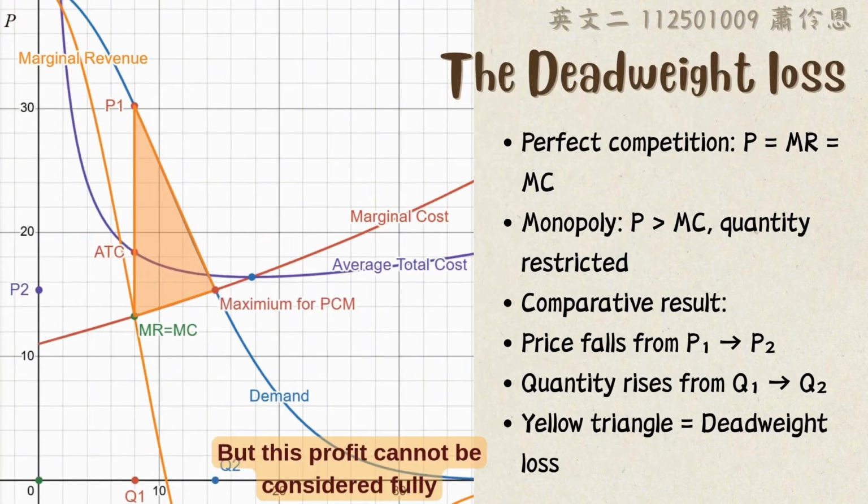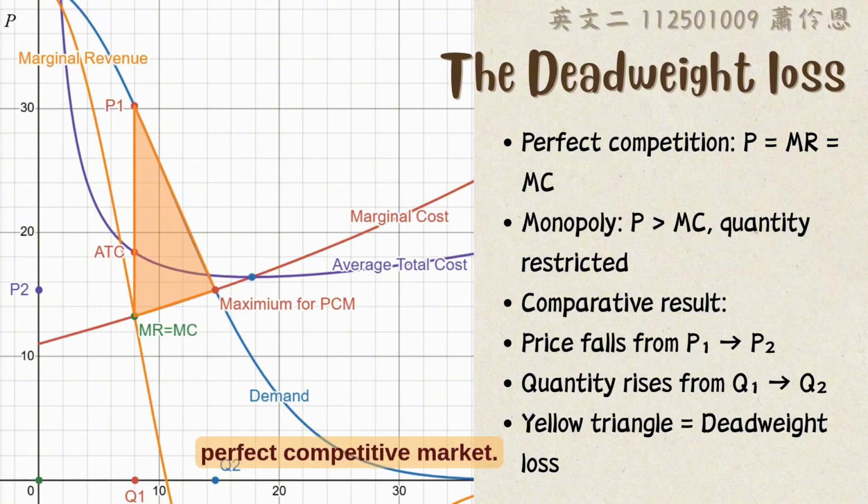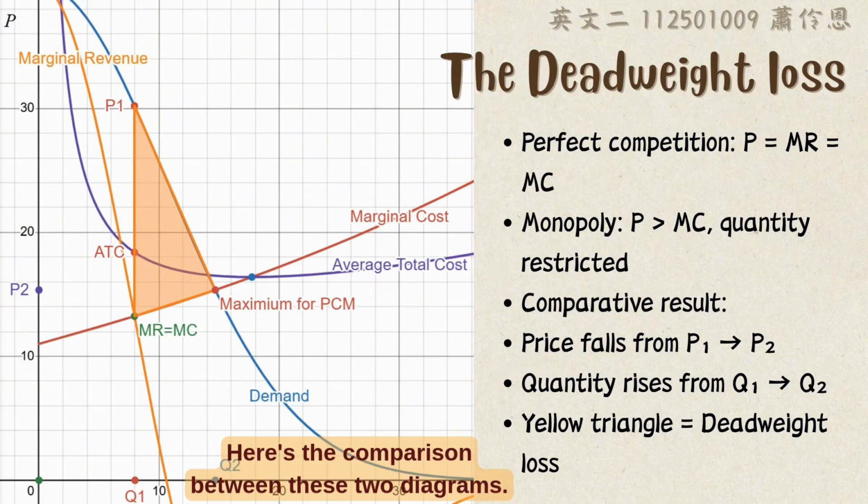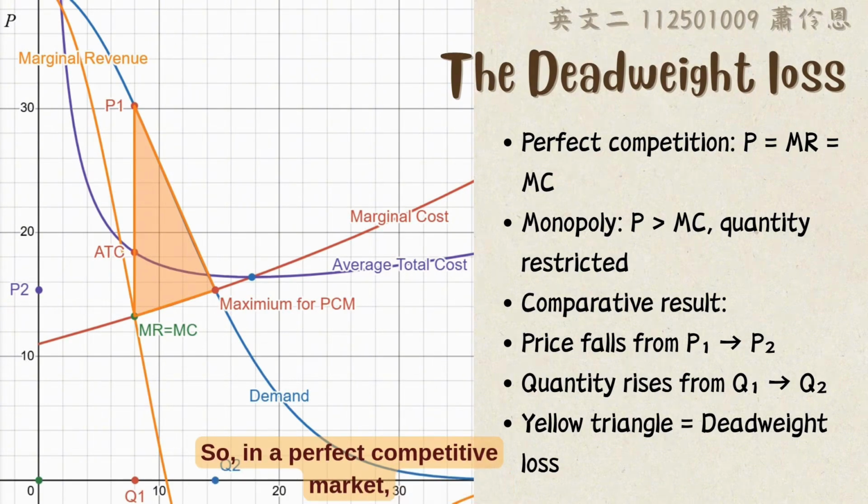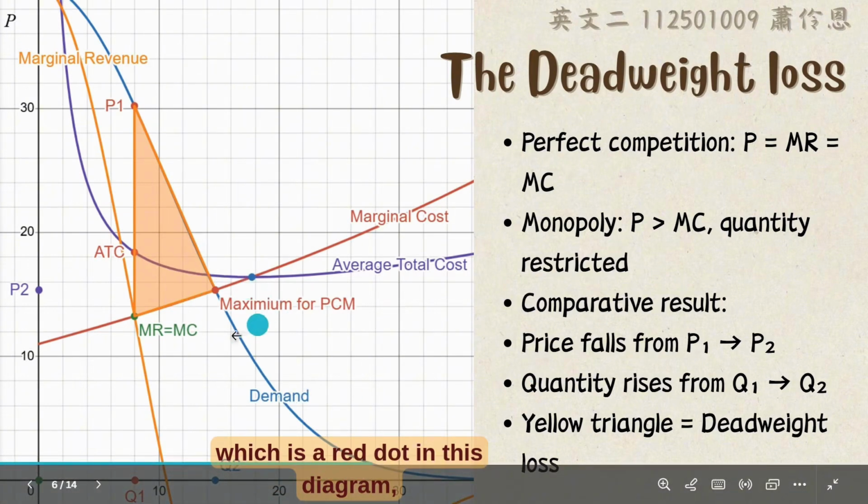But this profit cannot be considered fully maximized if compared with the perfectly competitive market. Here's the comparison between these two diagrams. In a perfectly competitive market, the profit maximizing point is where price equals marginal revenue equals marginal cost, which is the red dot in this diagram.